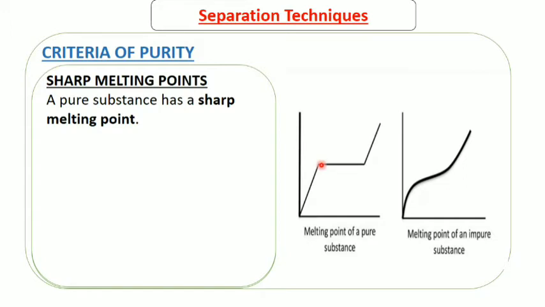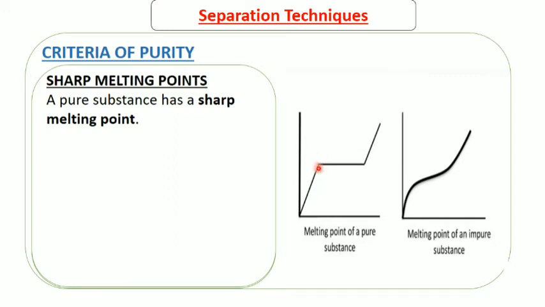You keep on heating the substance, but the temperature will remain constant till the entire substance melts. Once that is done, then the temperature again will start increasing. So the temperature only increases after the whole substance has melted. That's what it means by sharp melting points for a pure substance.